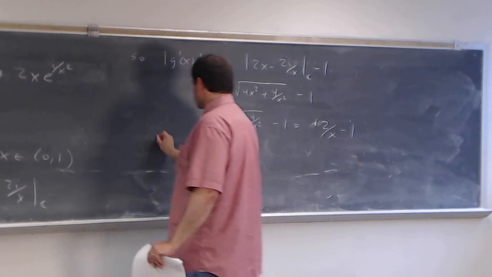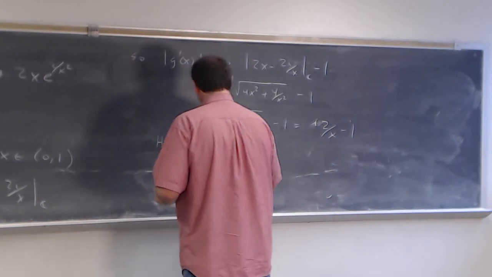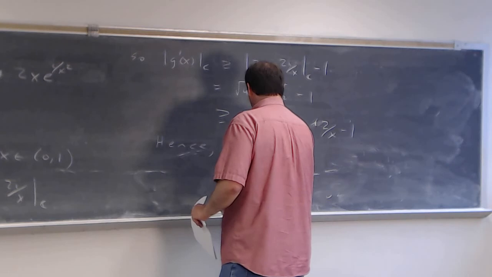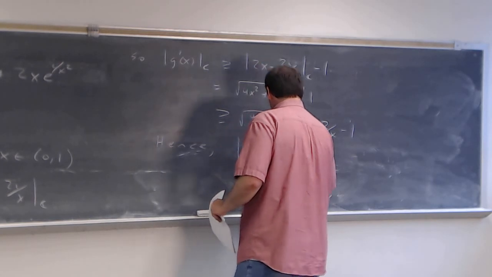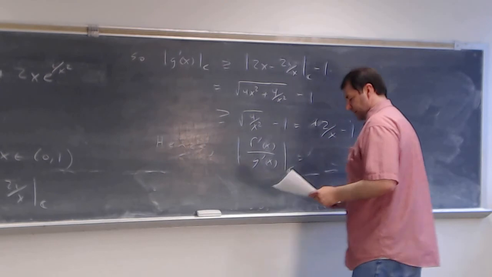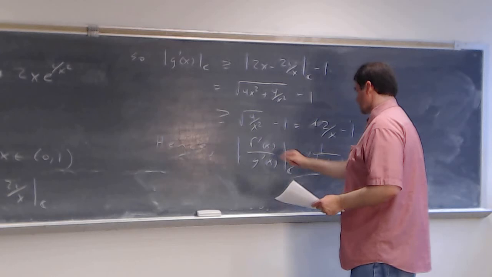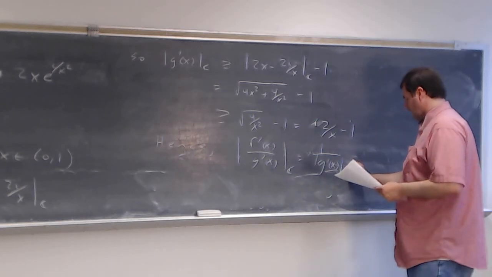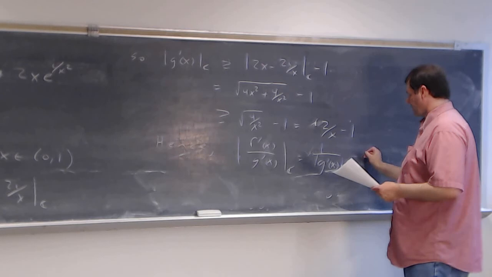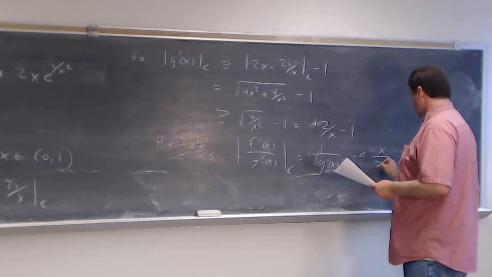So from this, we find that the norm of f prime of x over g prime of x, in the complex plane, is 1 over the norm of g prime of x. This was 1, its derivative, in the complex plane, which is going to be less than or equal to x over 2 minus x.